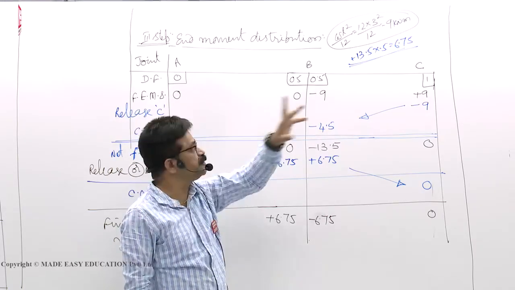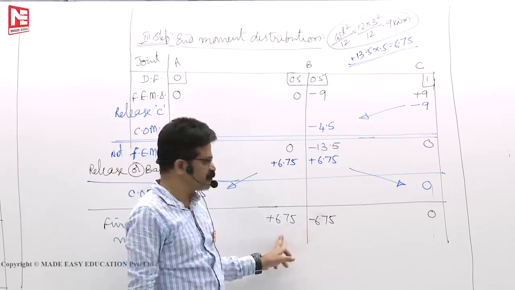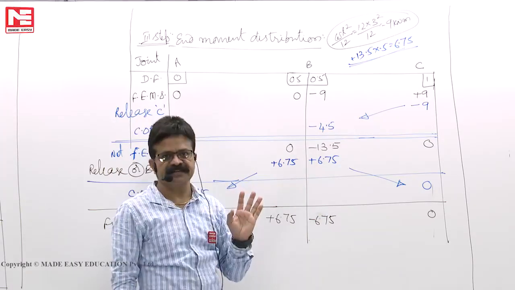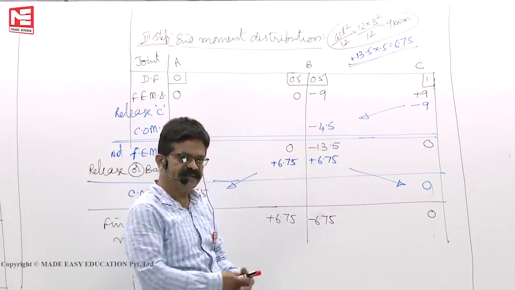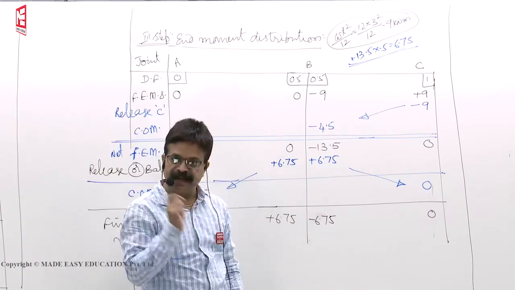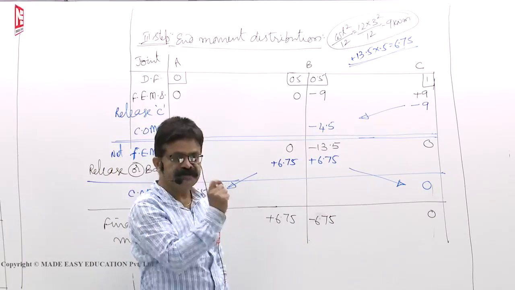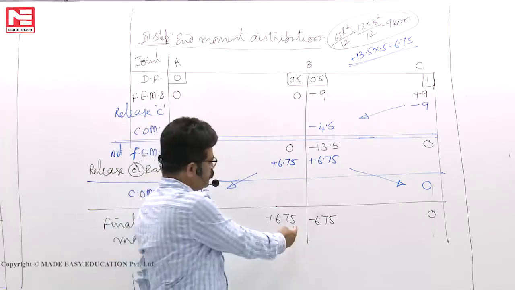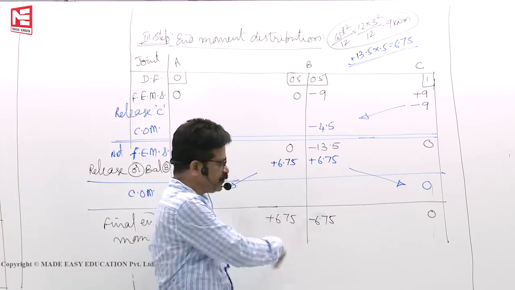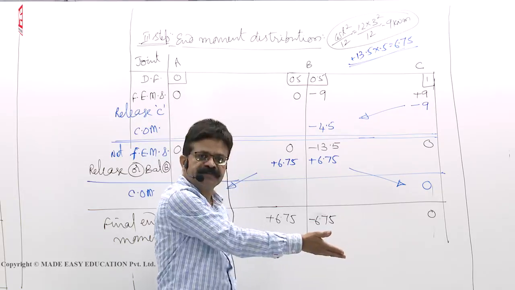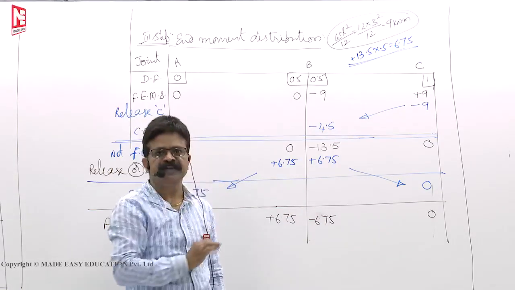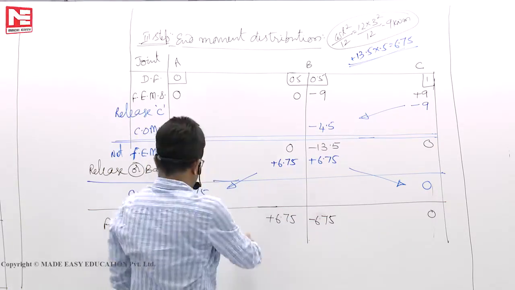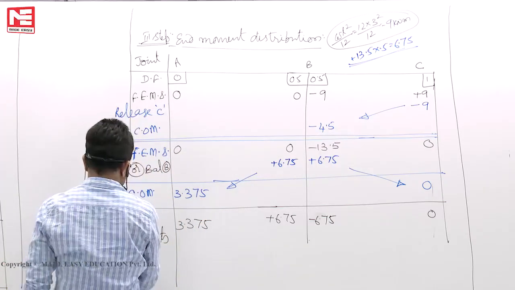Once you release them, 9 became 6.75, 6.75. Both members will share. The sum of these end moments at the joint B must be 0. Otherwise, the joint will not be in equilibrium. So if this member takes 6.75, that member also should take 6.75. Otherwise, that point will not be in equilibrium. So these are now final end moments.